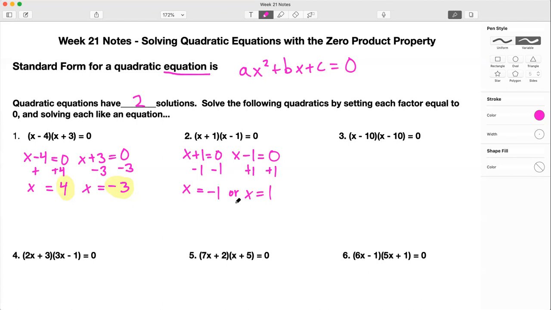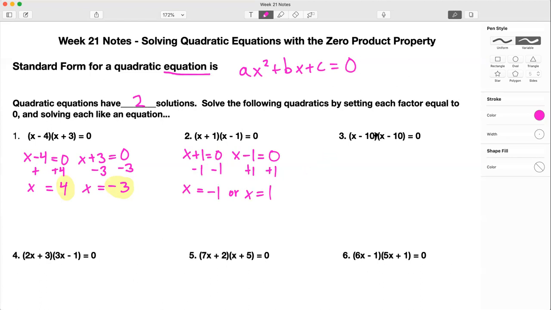So positive or negative 1. And you can kind of see, whatever you have to add to this factor here to make the thing 0, that's what your solution is going to be. Same for here. So you can see we add negative 1 to this factor, and then it becomes 0. Positive 1 to this factor, and it becomes 0. All right, so our two answers, negative 1 and 1.